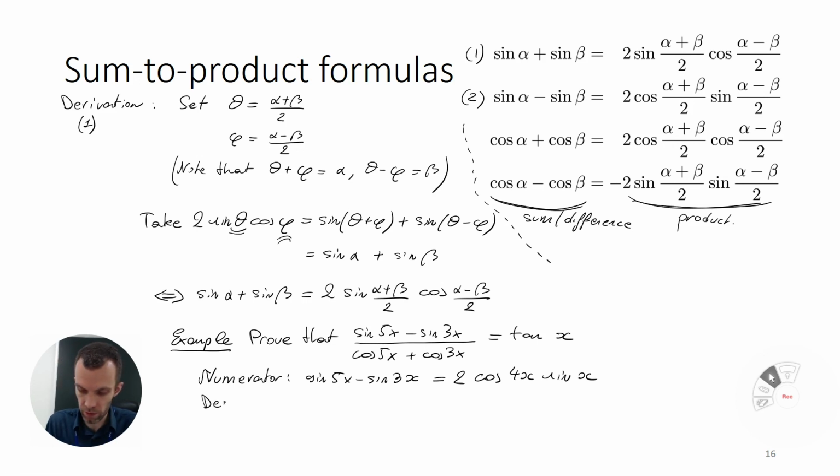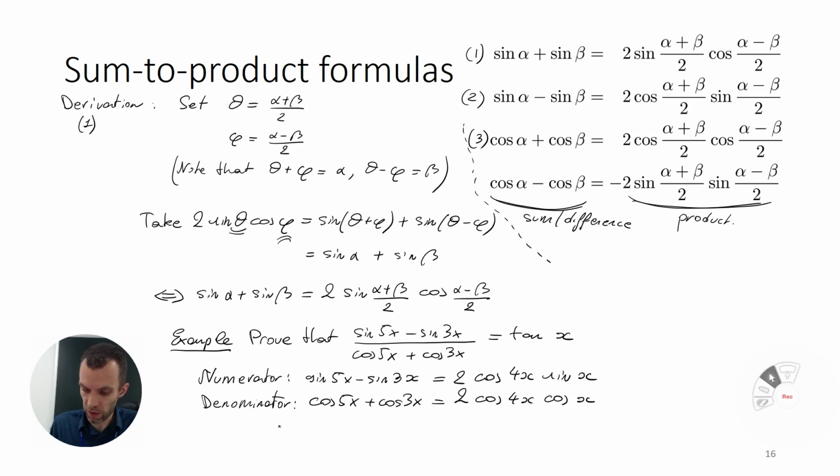And the denominator then, cosine 5x plus cosine 3x. And for this, we have to use rule number 3. So here we have 2 times cosine of the sum, again, divided by 2, so that's 4x. And now here we have to take cosine of the difference divided by 2, so that's cosine x.